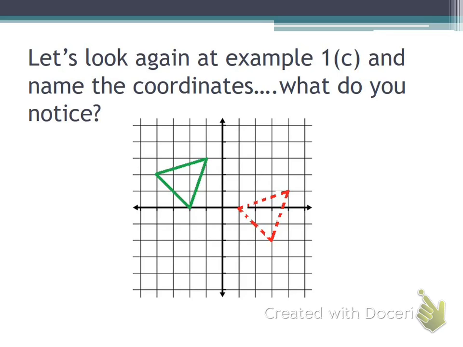Let's look again at example 1C and name the coordinates. See what we notice. So we'll start with the green figure, well, at least it's green on the board, the solid one. And I'm going to name these points A, B, and C. So let's name the coordinates for A. Anybody find them?